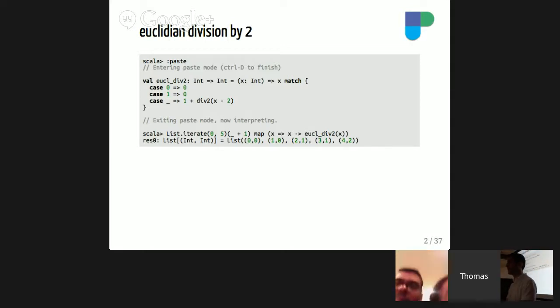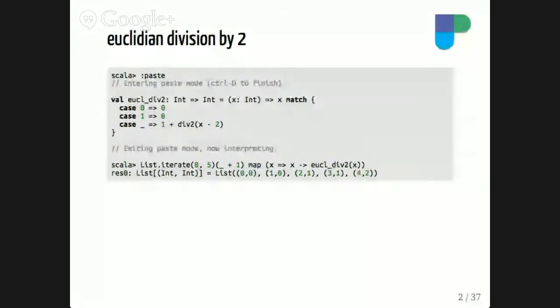The meat of the algorithm is: I try to subtract 2 until I reach 0 or 1, and every time I can do the subtraction, I increment a counter. So functional style will do something like that. You can see the execution of this program here. By the way, if you have any question at any moment, please interrupt me. No issue.